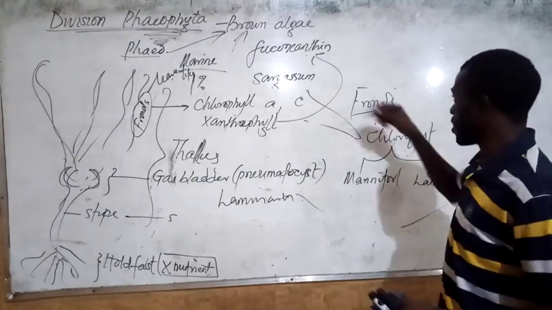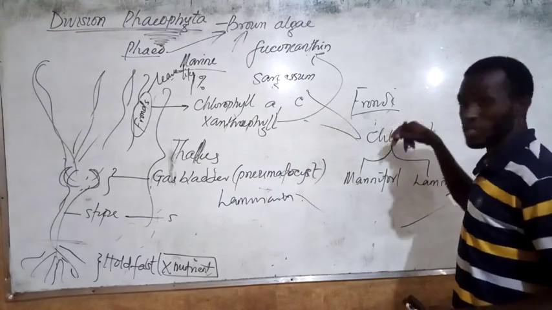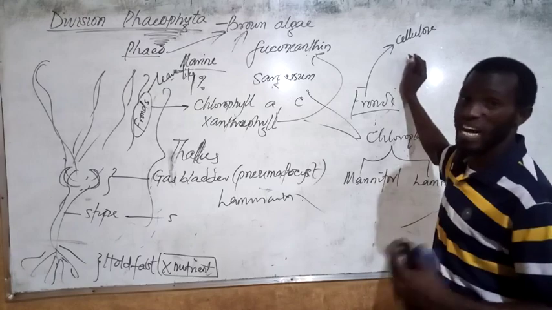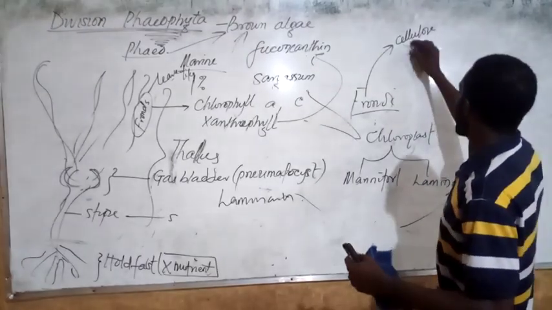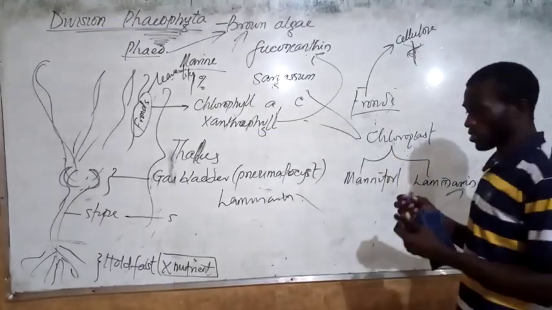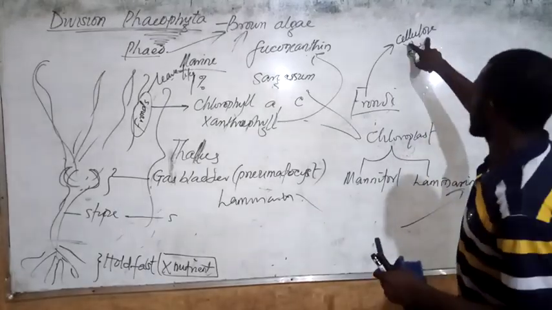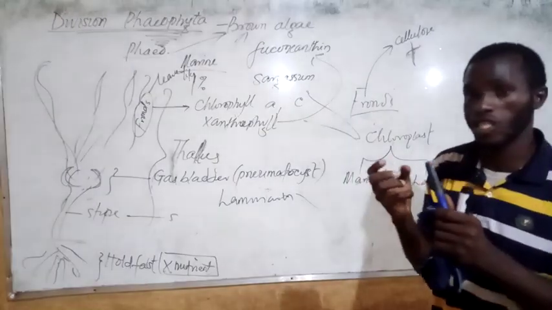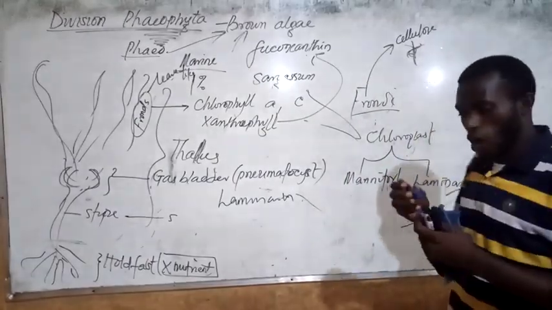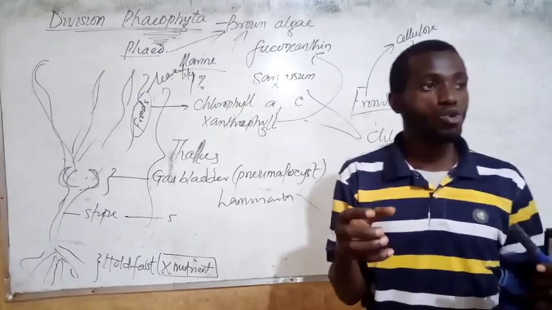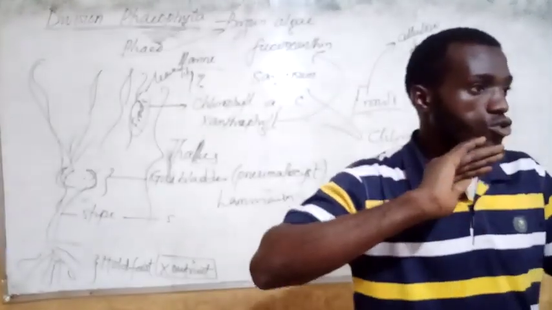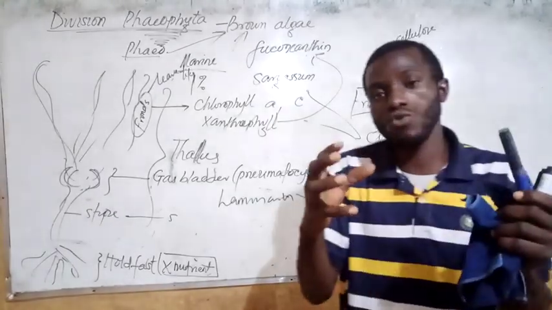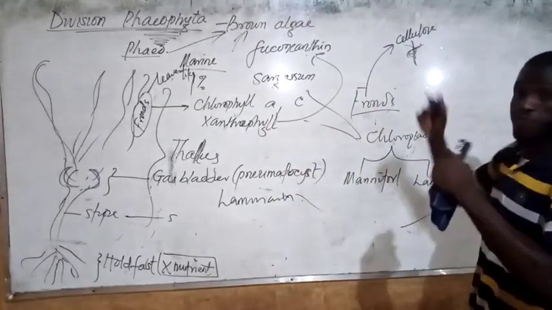And the cells of this frond are composed of a cellulose cell wall. Of course, it's a plant, so it's going to have a cell wall. This cellulose cell wall is the one that makes it rigid enough. Now, it also contains other structures that make it rigid enough to be able to withstand mechanical wave action of the sea.